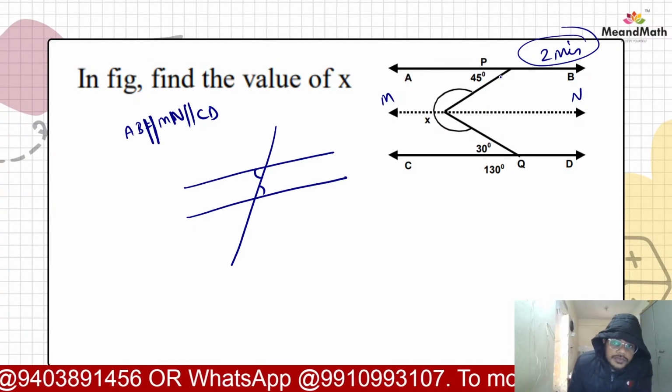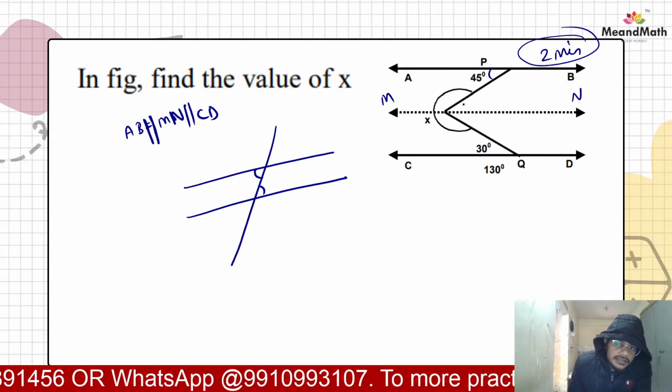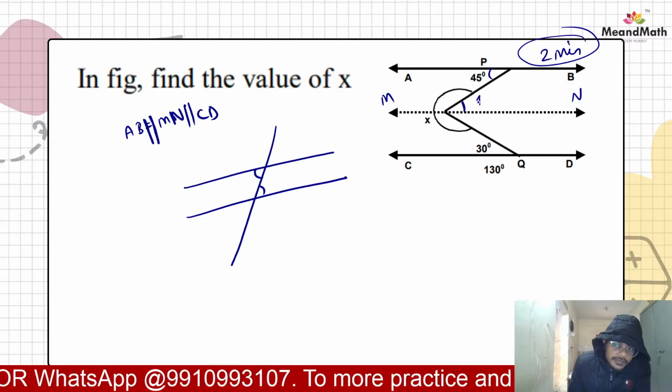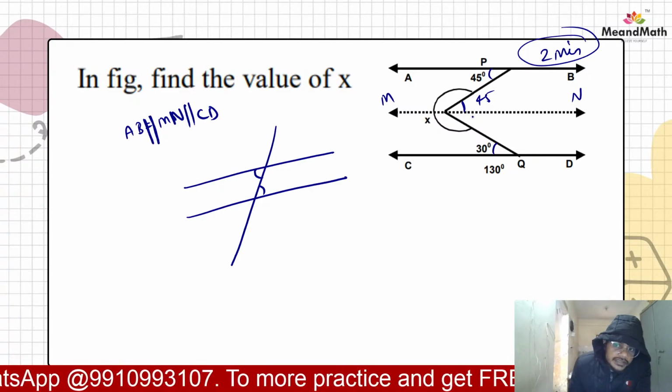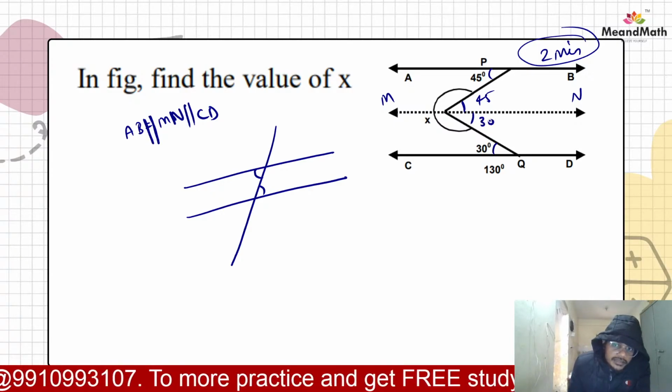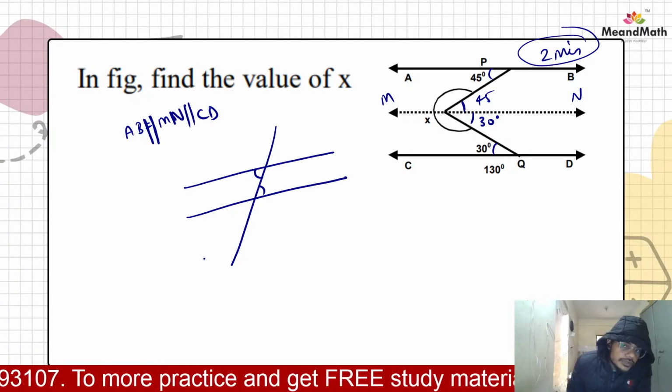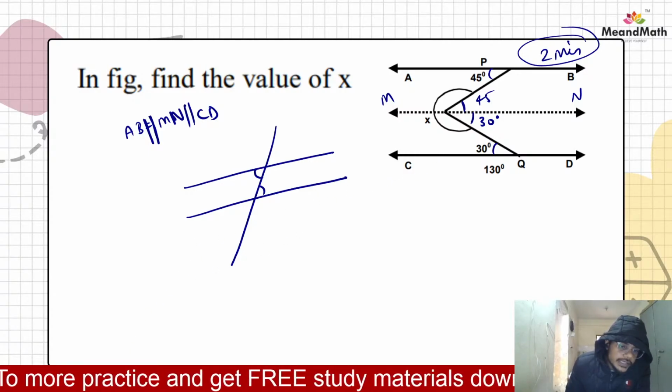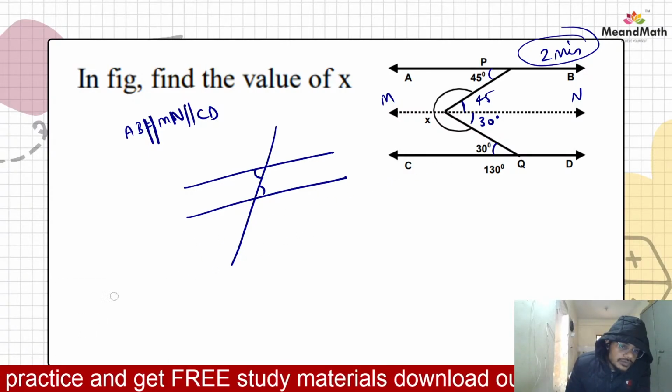See, if this is 45, that means this should be 45, right? And if this is 30, that means this should be 30. I have already given you a hint. Now you have to solve. How would you solve?